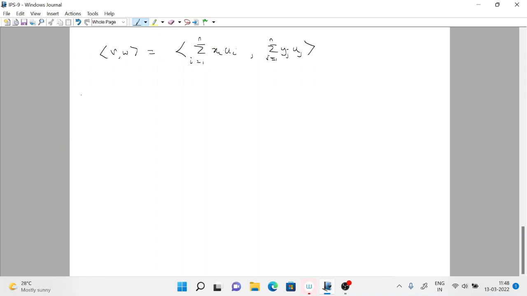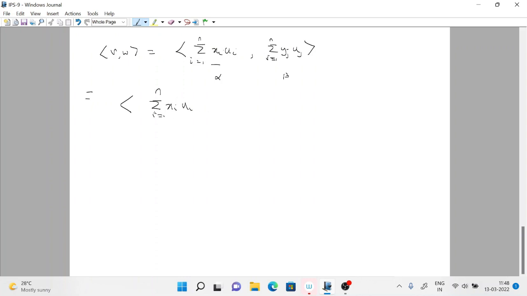Now we have our usual bilinearity condition, what I loosely call the distributive law kind of thing. Therefore, call this a vector alpha, and this a vector beta. Then I can write alpha as summation xi ui, i equal to 1 to n.